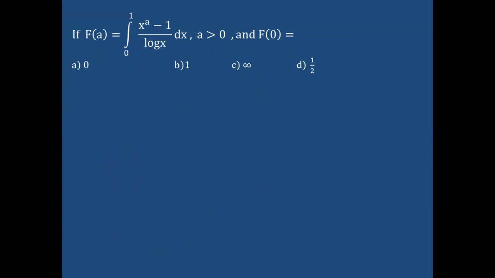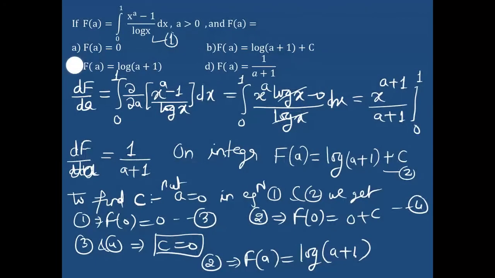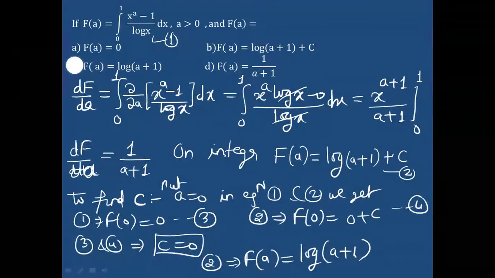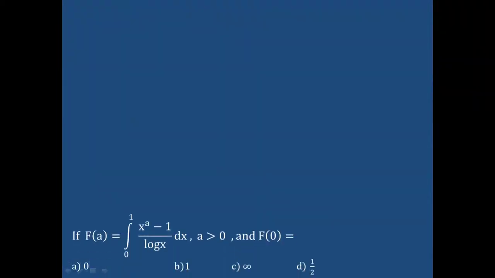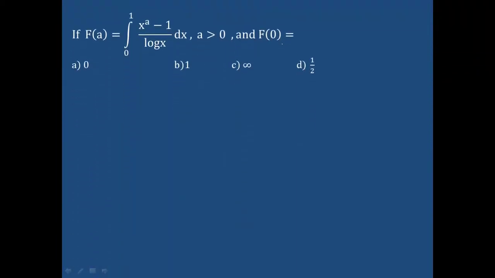Now let's have the next question. This question is related to the previous one, so I would like to utilize that. In the previous portion we have seen that f of a is log of a plus 1. And here in this example, f of 0 is asked, right? So as I know, f of a is log of a plus 1.